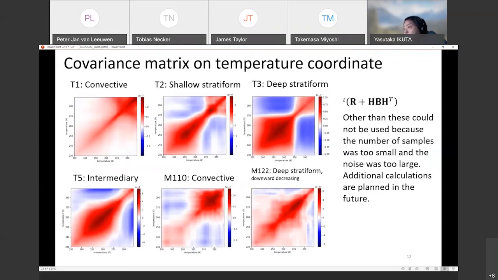This slide shows the covariance of the sum of observation error and background error for each precipitation type. You can see that the convective type has larger values in the lower levels. Other types could not be used because the sample size was too small and the noise was too large.